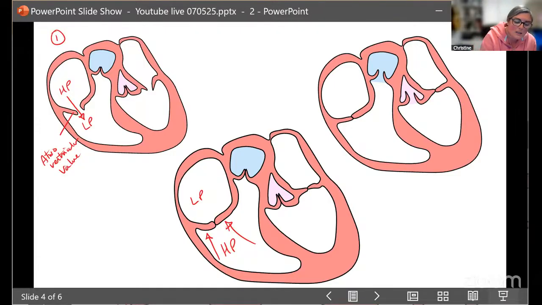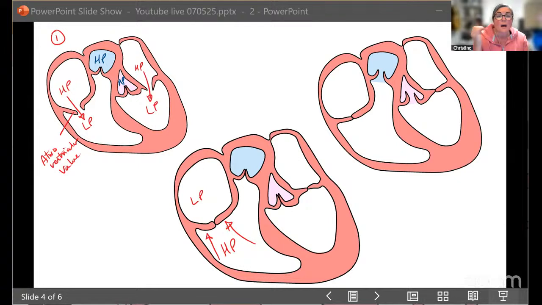Just to go back, I'm going to change colors here and talk about the pressure. If I look at picture number 1 again, I have a higher pressure in my aorta or pulmonary artery, depending on where I'm looking. Don't forget, our atria are on both sides and our ventricles on both sides.